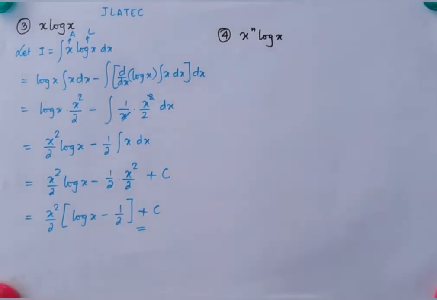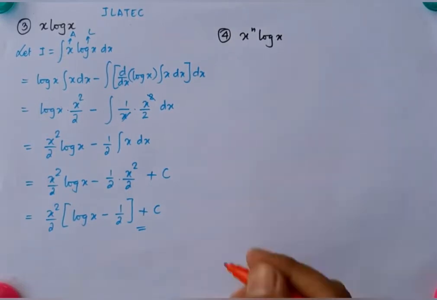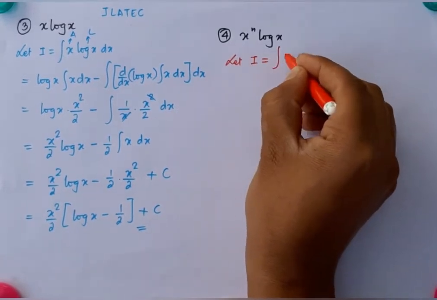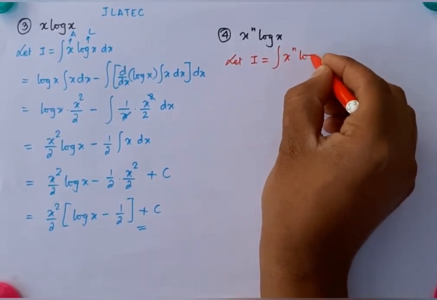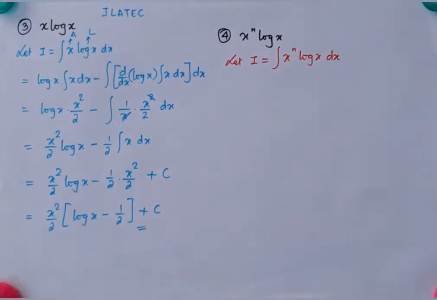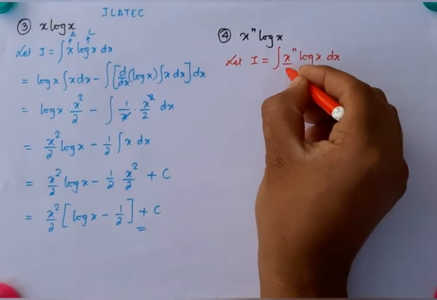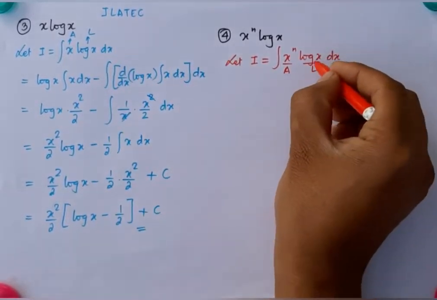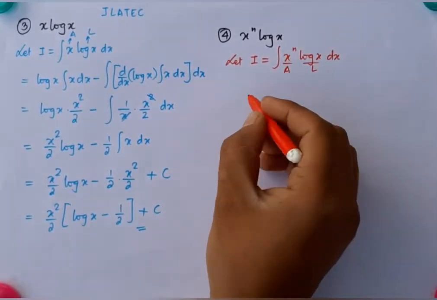So this is my I, isn't it? So let me use another color. So let I equal to integral of x to the power n log x. Do not forget to put dx. Okay, so again this is my A and this is my L. So as usual, A and L means this is my first function and this becomes my second function.